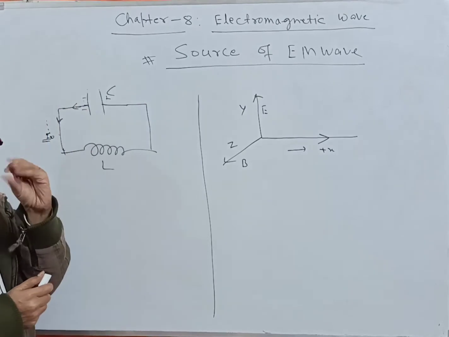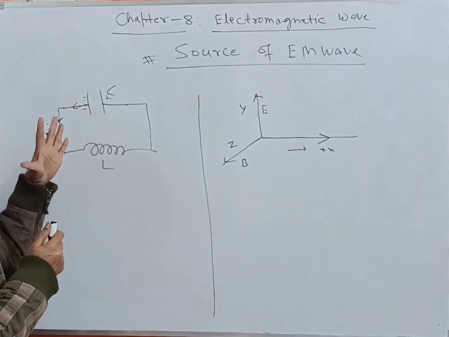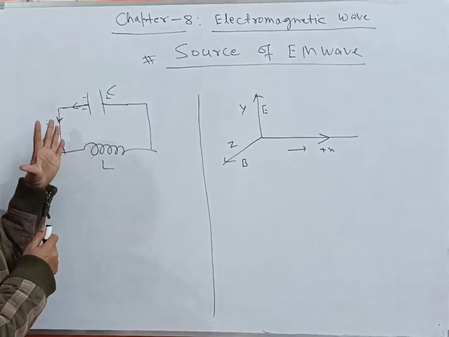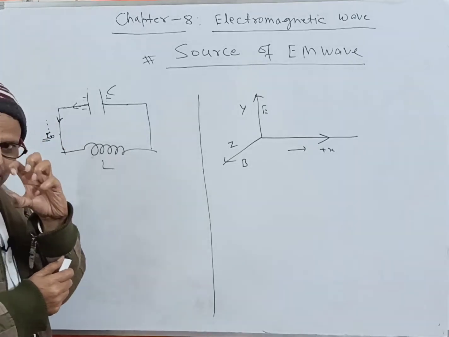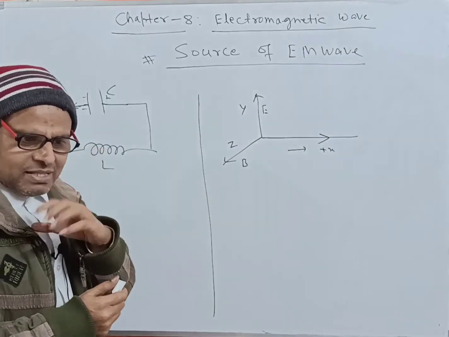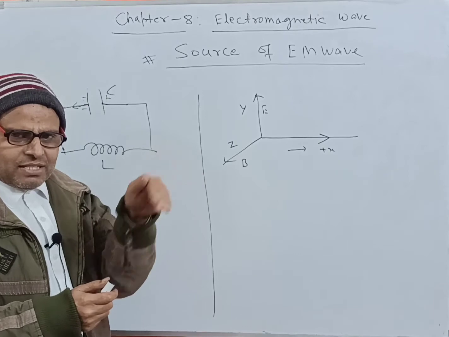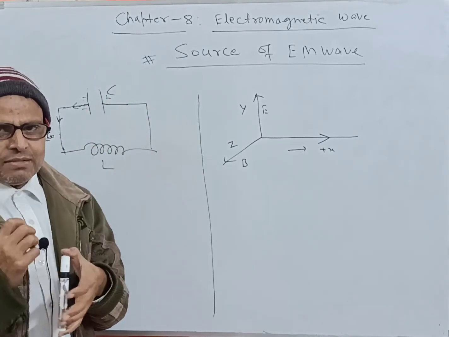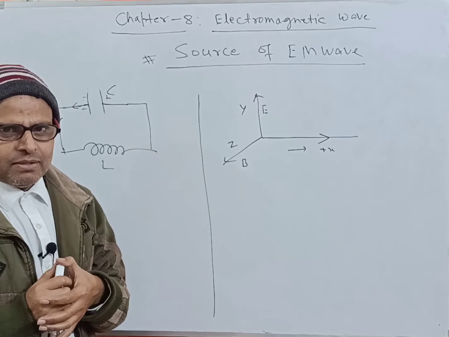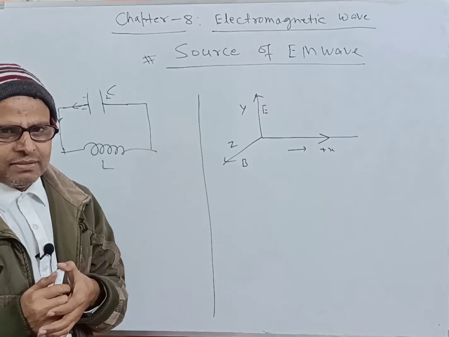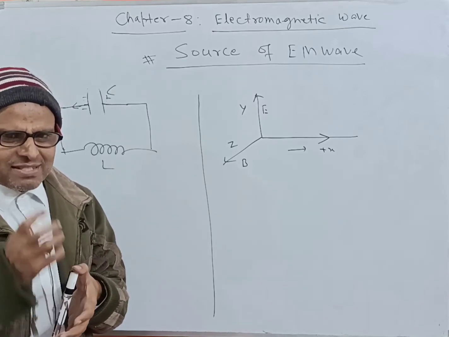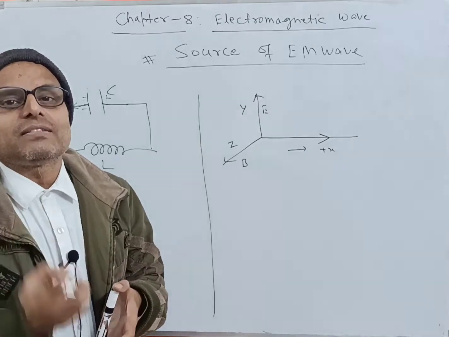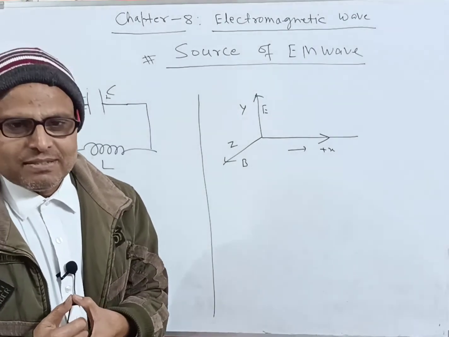Means capacitor gets discharged and again gets fully charged. Means this oscillation of charging and discharging takes place after a certain interval of time. Means accelerated charge particles are witnessed.